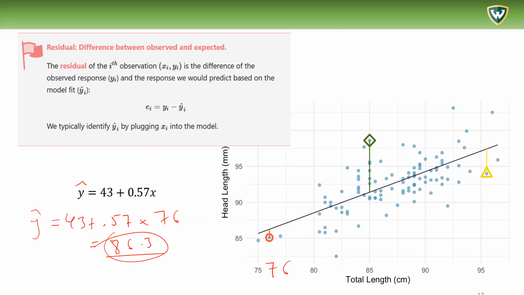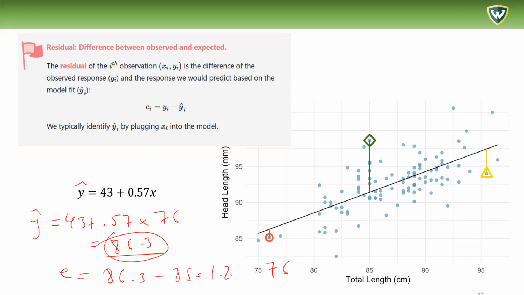But in this case, it's actually not 86.3 millimeters, it's 85 for this one specific case that we found, that was indeed 76. So what is the error? What is the residual? Well, the error is just the difference between what we estimated, 86.3, minus the actual observed value of the data that we have, which here is 85.